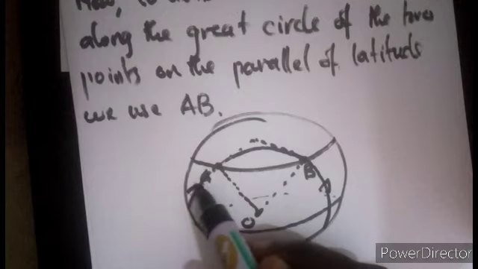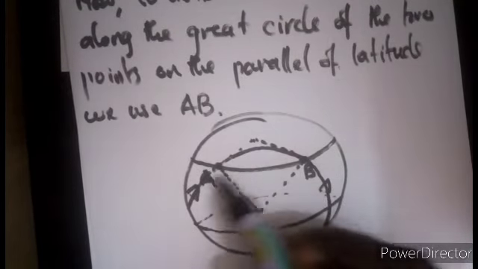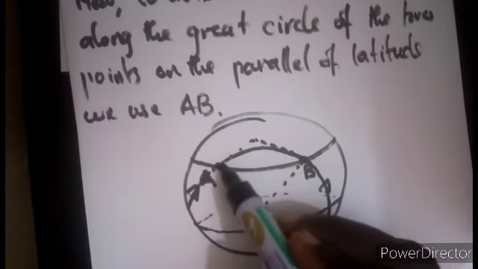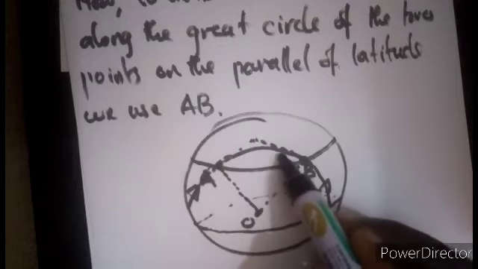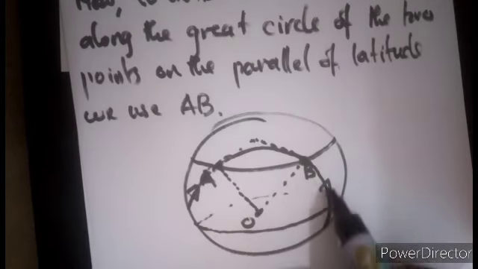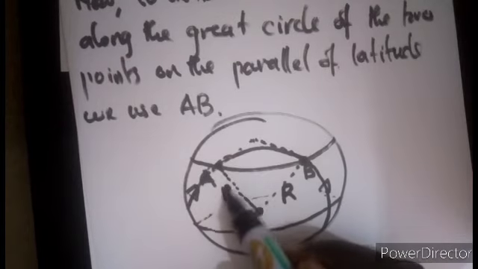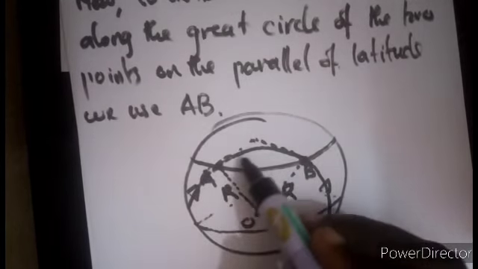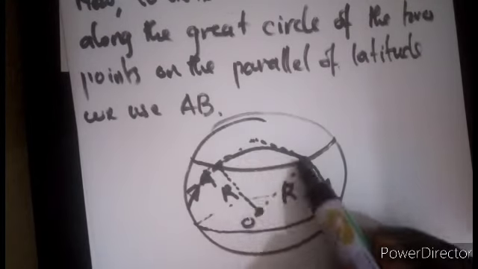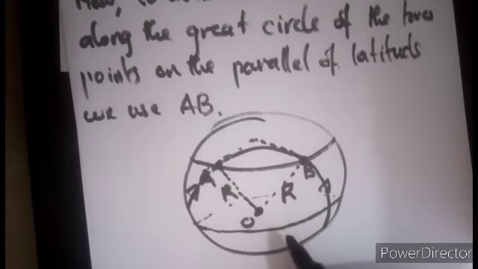It runs like this. This is the point A. We will need this distance covered along this great circle, where this is the center, of course, this is the radius of the earth. This arc is the distance we are looking for along this great circle.